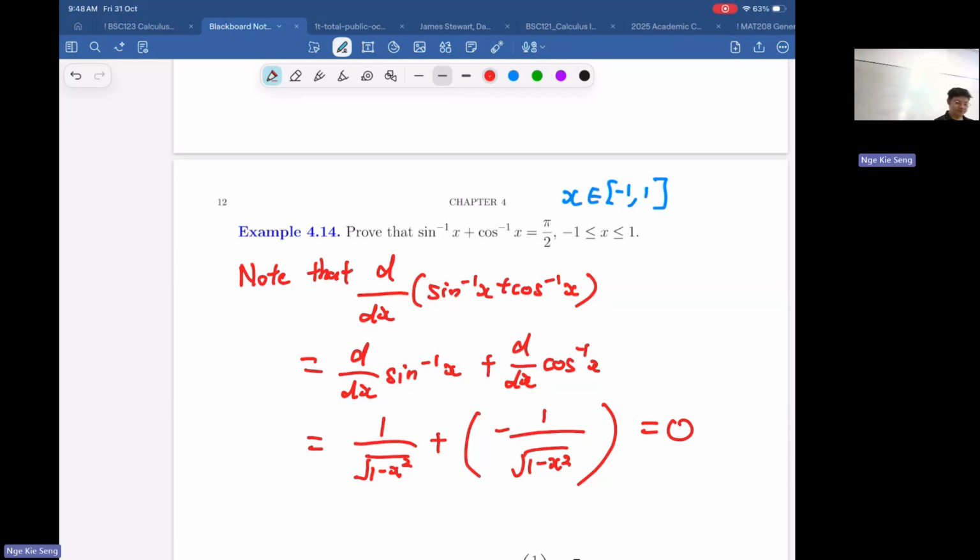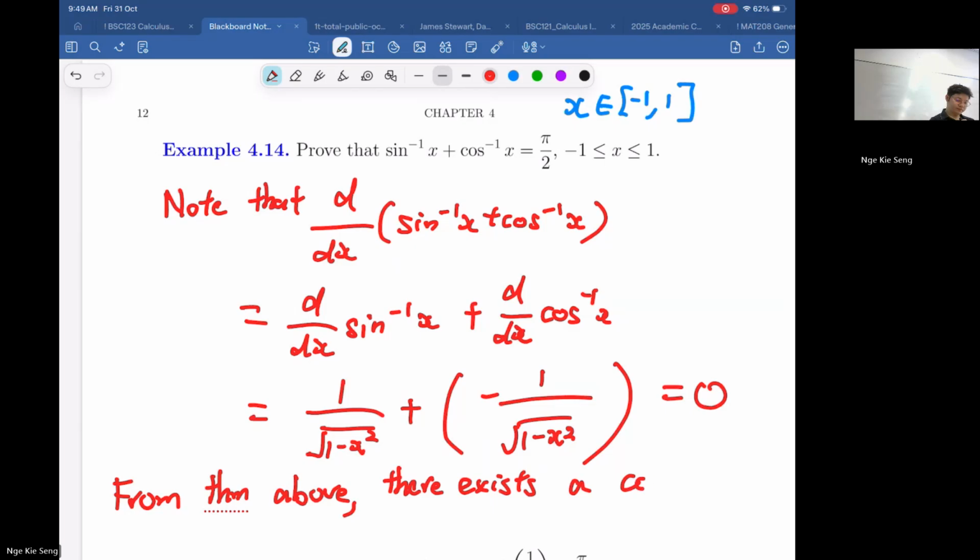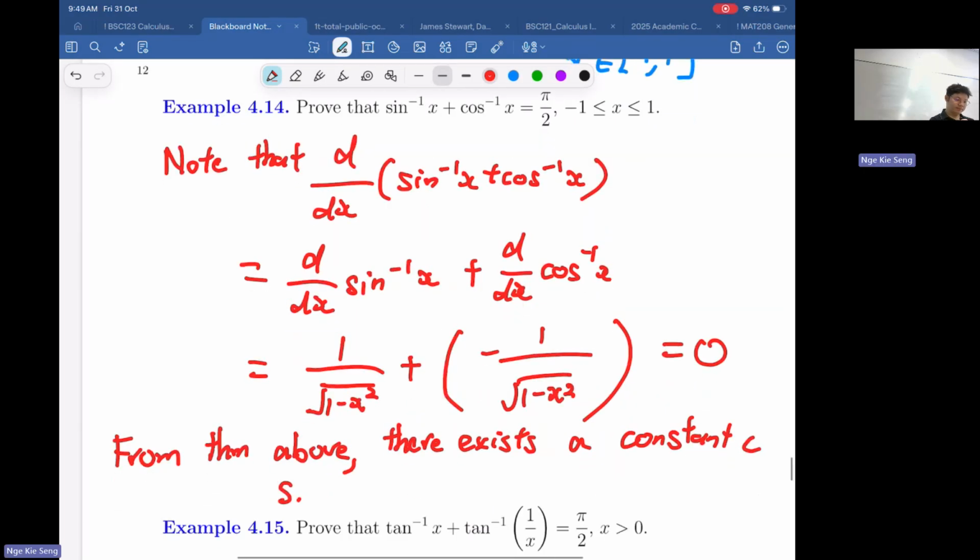From the theorem, if you have a derivative that's always 0, we know that there exists a constant c such that sine inverse x plus cos inverse x equals c.